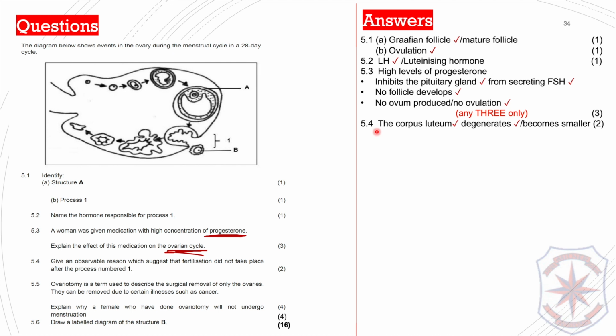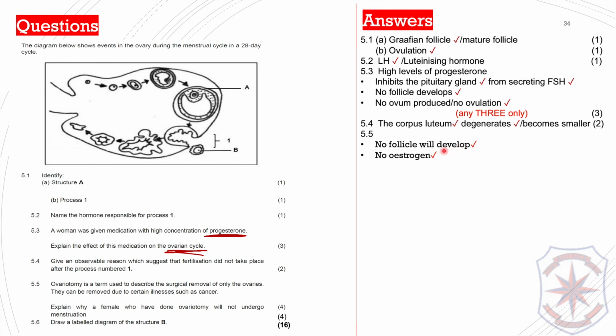That will be question 5.5. Have I skipped a question? Yes, I have. But let's answer question 5.5. Since while we're there, we'll go back to 5.4. Okay. No follicle will develop because follicles develop inside ovaries, and the woman does not have ovaries, so no follicle will develop.